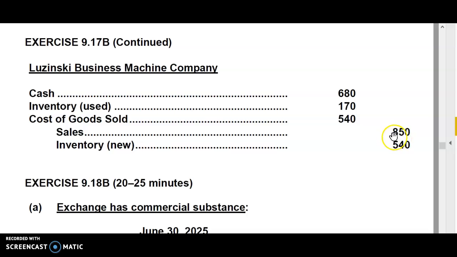Anytime you make a sale, you will debit cost of goods sold and credit sales. The cost of the goods they sold of the new machine was $540. And so they made this sale, and so they have to adjust inventory because now that inventory is gone.